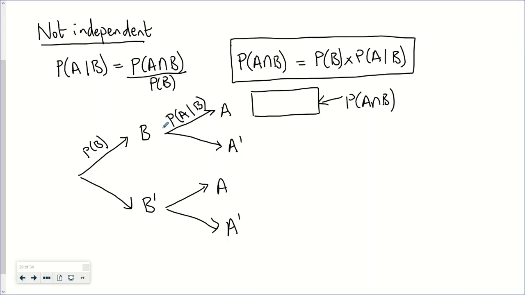And similarly here, I would have to put the probability of A not happening, given that B has happened. So in order to work out this probability here, we times along the branches of the tree diagram. So we're going to do the probability of B multiplied by the probability of A given B. And that's an intuitive understanding of where that formula comes from.